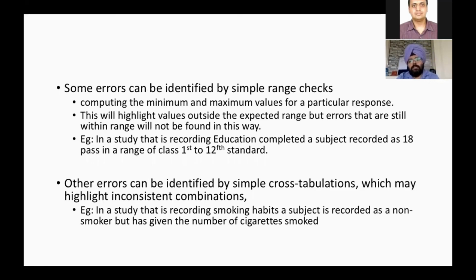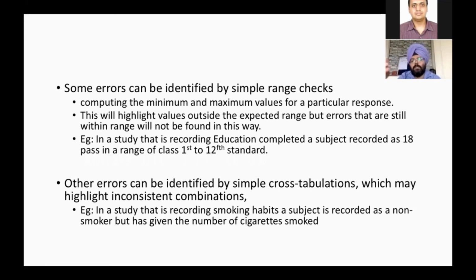Some errors can be identified by simple checks. For example, we know what the maximum and minimum values of a particular response could be. So if we put the filter, it will show the outlier result. The information which has been entered will get highlighted.